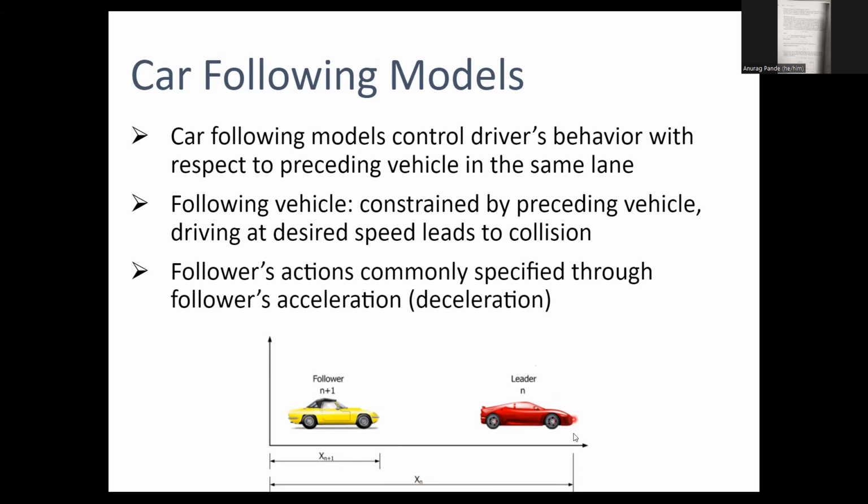We define that because we are looking at the front bumper of both vehicles. We don't call it gap between vehicles. If you take the difference, xn plus 1 minus xn, or xn minus xn plus 1, we call that headway, not gap. For gap, you would define it from the rear end of the car. But when you're talking about the front bumper of both vehicles, you are referring to it as the space headway.